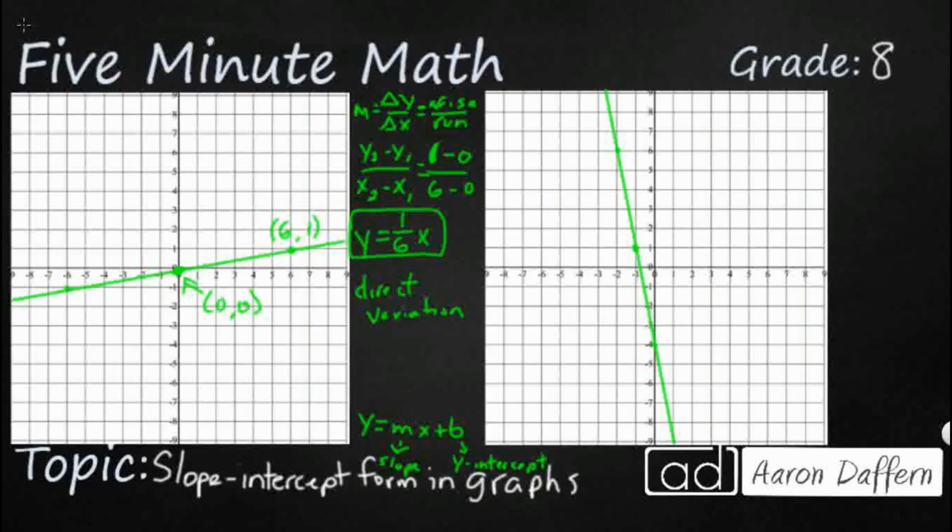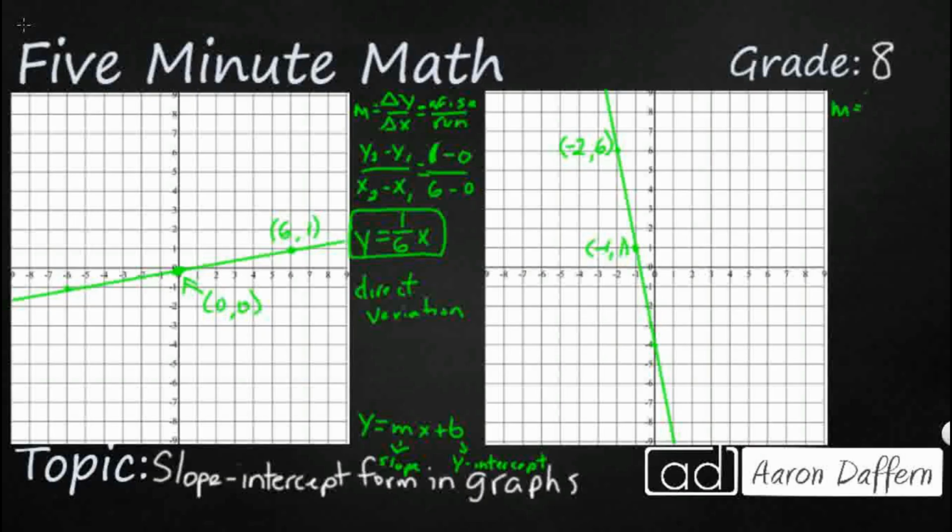Let's see what happens over here on this side. So we are going to need 2 coordinates here. And so let's find this one right here. (-2, 6), looks like that's 6. And looks like that's (-1, 1). All right, so once again, we're going to need to get our m.